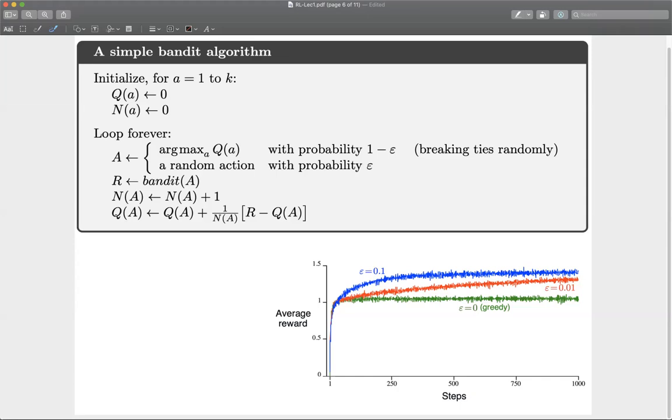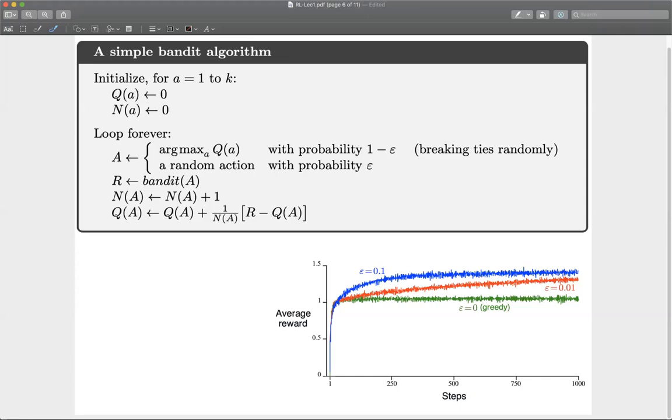So it's a really simple algorithm. Here I wanted to introduce the idea of greedy moves or random moves. When it comes time to choose the arm to pick, we can pick the arm for which we have the highest estimate.